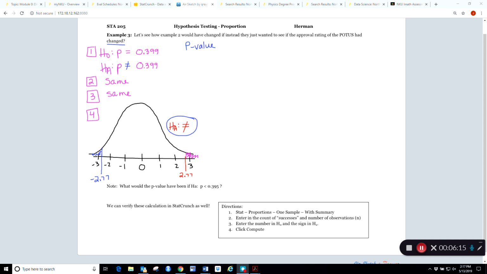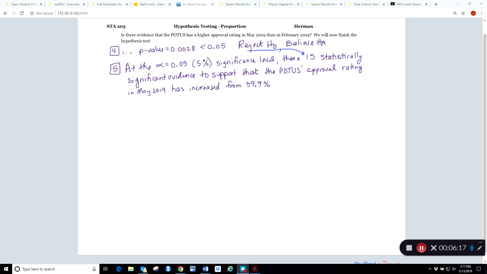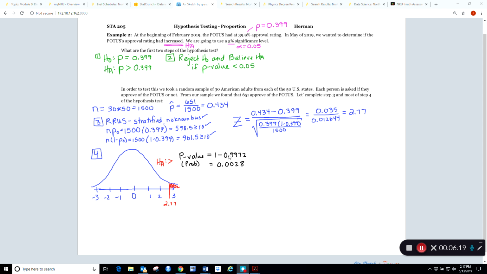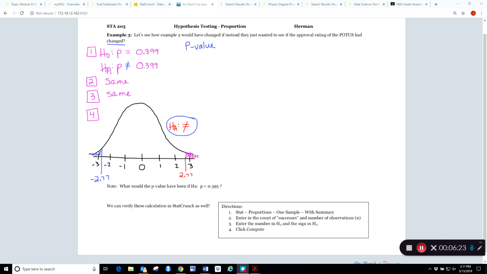This piece is exactly what we found here. And so I'm actually going to write out that piece for us, and I'm going to do it down here. So for that piece, we did 1 minus the 0.9972 since it was shaded right.